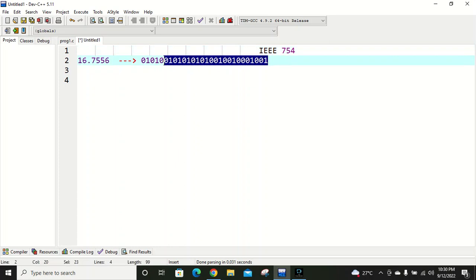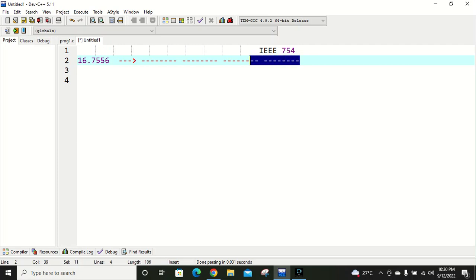I am going to show you clearly how we represent the number in 32 bits, that is 4 bytes. I can write here 1, 2, 3, 4, 5, 6, 7, 8, 8 bits. Then the next 8 bits, then the next 8 bits, and the next 8 bits.